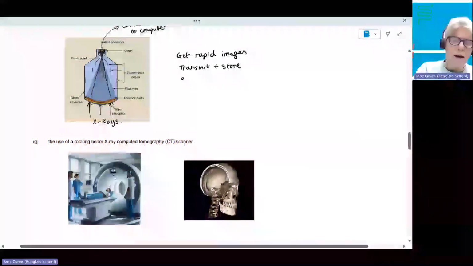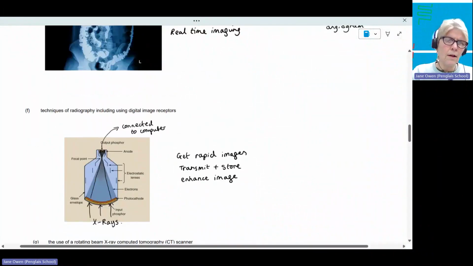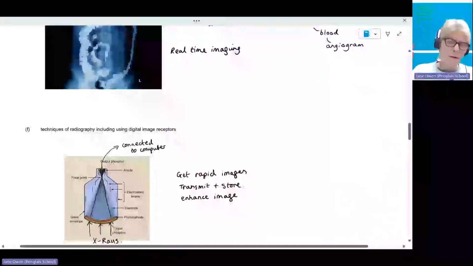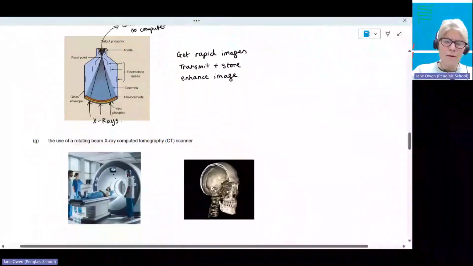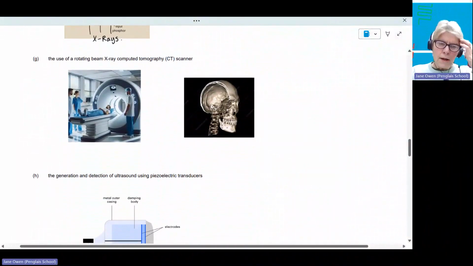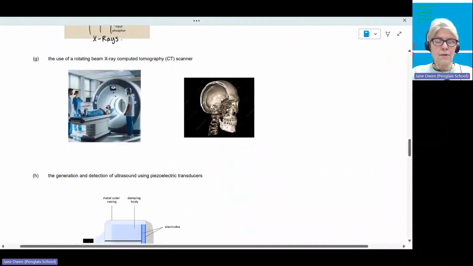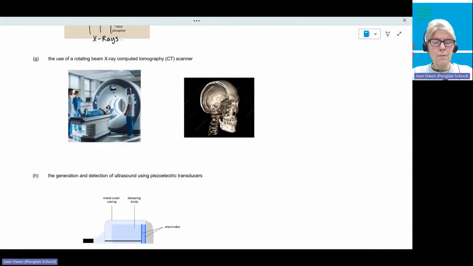And you can enhance the image. You can play around with the image so that you can color code the different areas and the different signals that you're receiving.